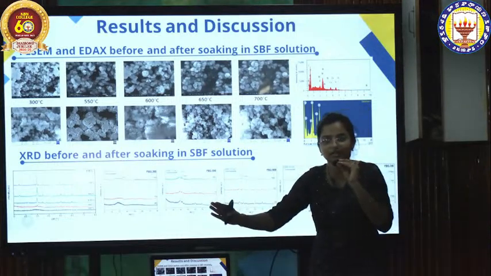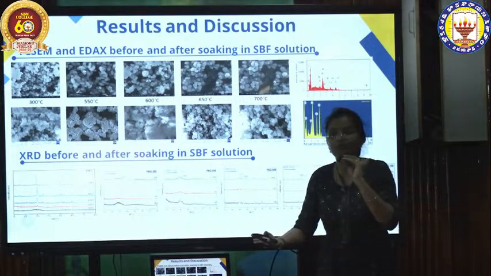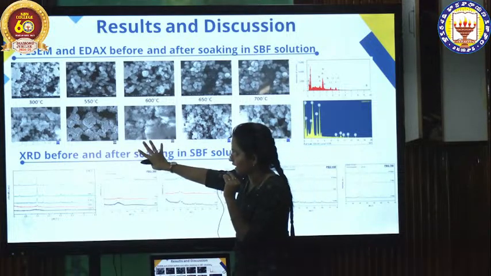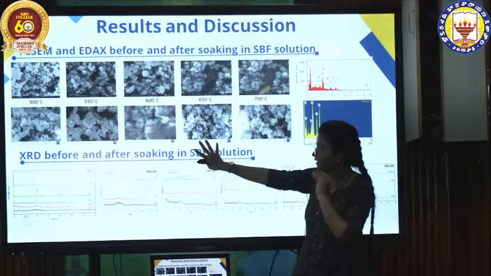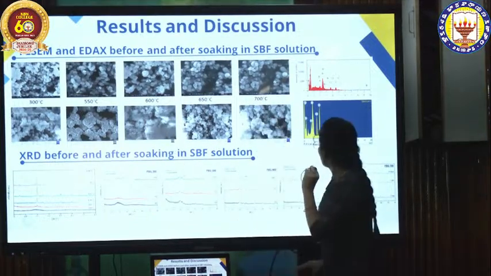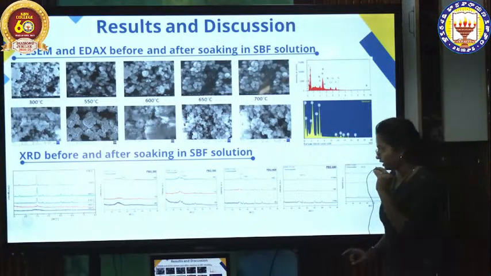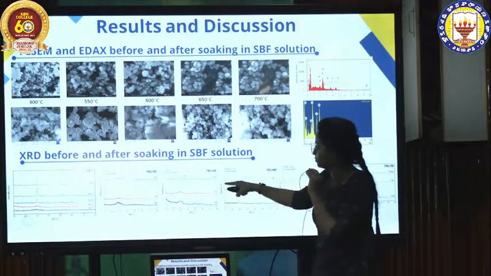More surface area takes more powder, and more surface area shows more bioactivity. So overall, for this composition, I have come to the conclusion that 600 shows a better surface morphology. The elemental analysis also confirmed the elements present in my composition. And these are the XRD patterns before and after soaking in the SBF solution.